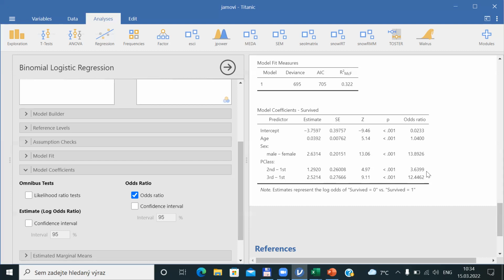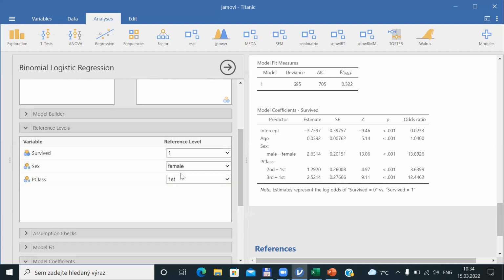So it's approximately slightly more than 3. If you don't believe my computation or my colleague's computation, of course, you can change the reference level. So for example, here I would change P class to the second one. It's very quickly recomputed, and 3.4 is the second and third ratio. So here it is. Once again, I will go back to the first class.